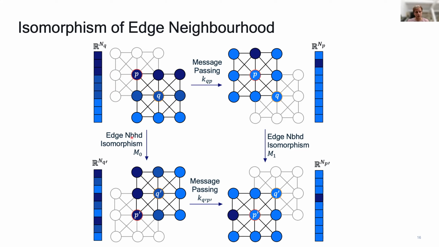So we say that the message passing is equivariant to isomorphisms of the local edge neighborhoods if for any such local edge neighborhood, mapping it with an isomorphism to another isomorphic edge neighborhood and then applying message passing is the same as first applying message passing and then the isomorphism. So we only really need to look at local regions of the graph, not at the global graph. And that's why this method has the potential of being more scalable than methods that look at the entire graph.